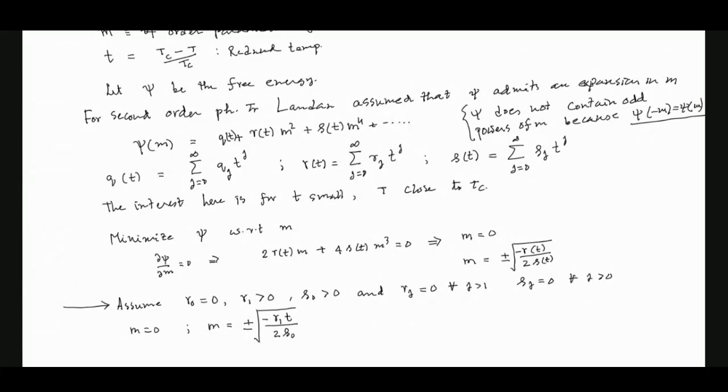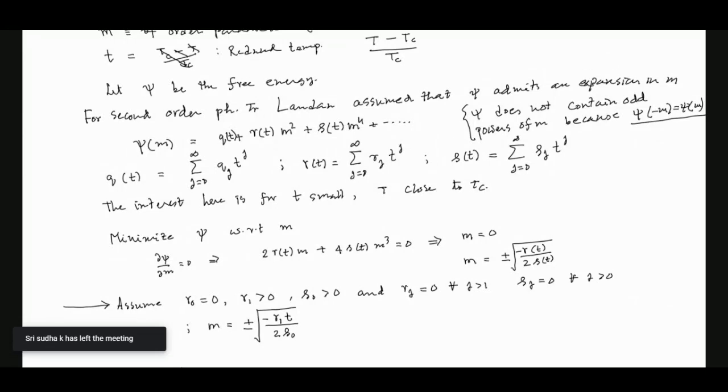I think I have to define this t in the following way. I define t as T minus Tc divided by Tc. So please make this change. The way we are doing this, I'm going to define just T minus Tc divided by Tc.